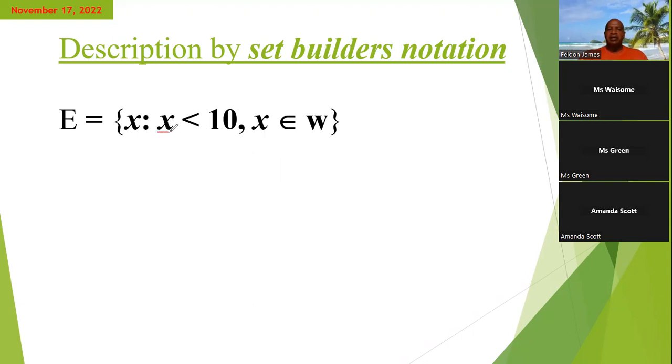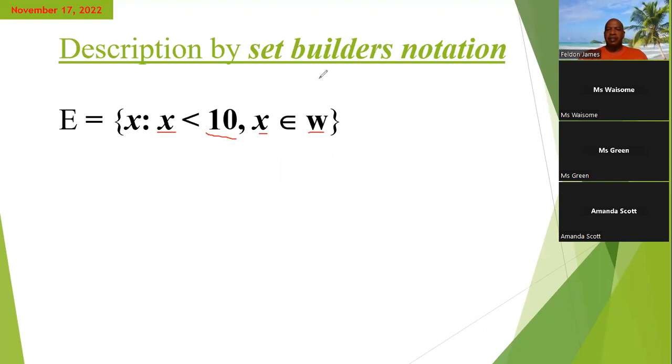So X has to be numbers less than 10. But then they have another part of the description here, that X must also be whole numbers. So if they tell you that X is whole numbers, even though you have -1, which is less than 10, you would not include -1 because -1 is not a whole number. You have to pay attention to these little subtleties in the details. Is that clear to you now, Ms. Green?